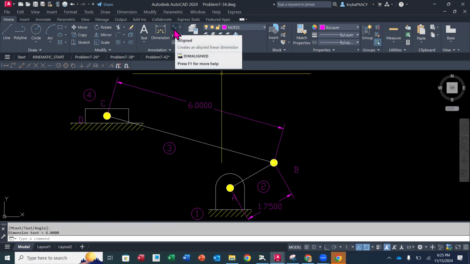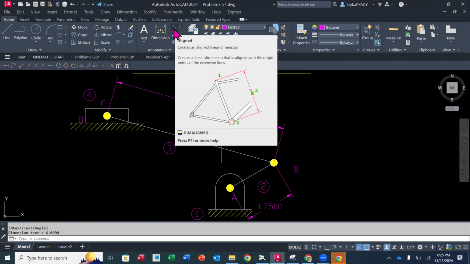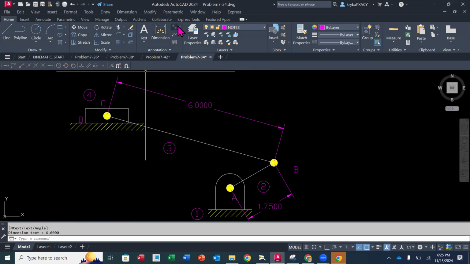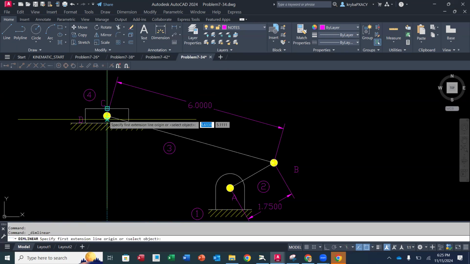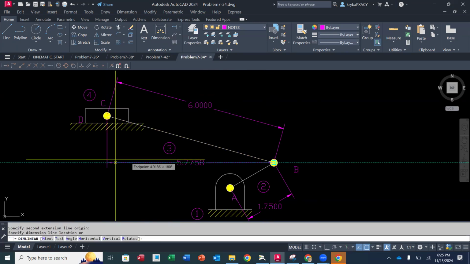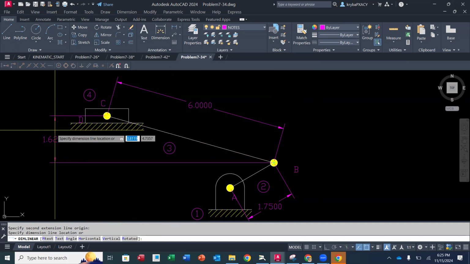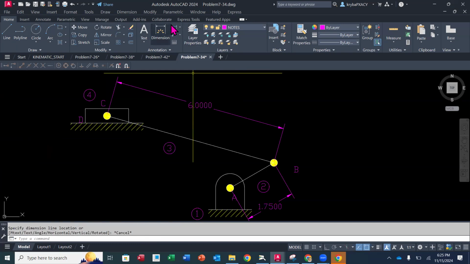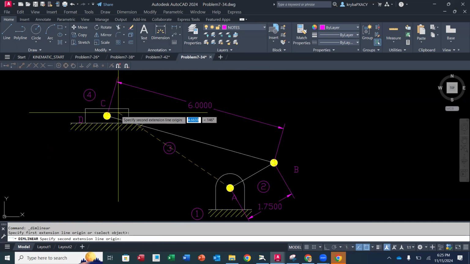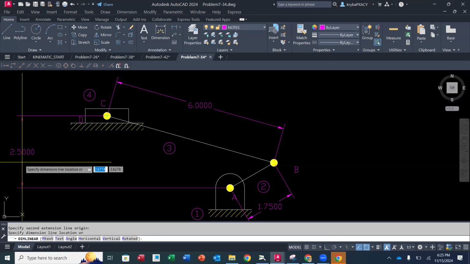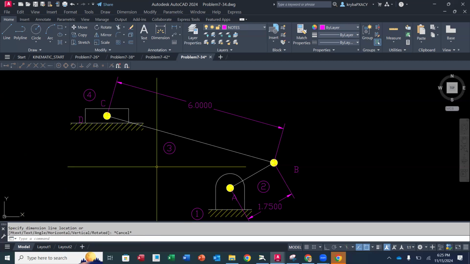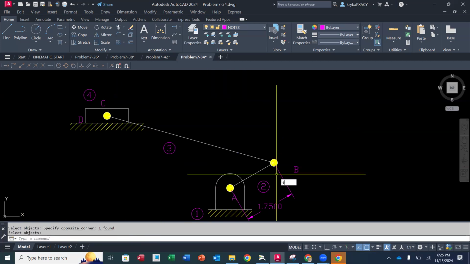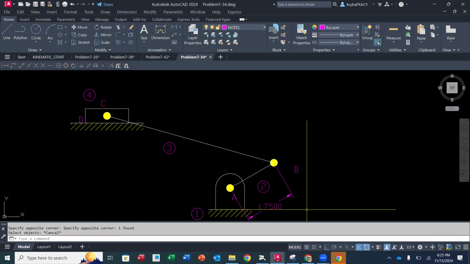And then the other dimension that I have is 2.5. Oh, I'm at the wrong one. That's why. I'm down here from frame to slider, 2.5. Excellent. And I think that's it. Okay, so those should be good. So my diagram looks like it checks out.